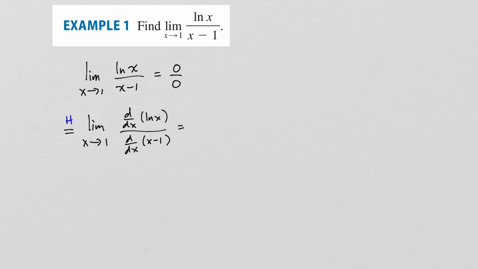Now all we have to do is compute these derivatives. The derivative of the natural log of x, of course, is 1 over x, and the derivative of x minus 1 is 1. And you don't have to simplify this, but 1 over x divided by 1 is the same as 1 over x. And as x approaches 1, we simply get 1 divided by 1, which is 1.